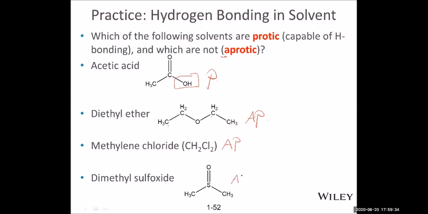So this is also an aprotic solvent. The protic solvent oftentimes can dissolve ionic compounds, whereas aprotic solvents have a harder time dissolving ionic compounds. They all have different uses in organic chemistry and in biochemistry.